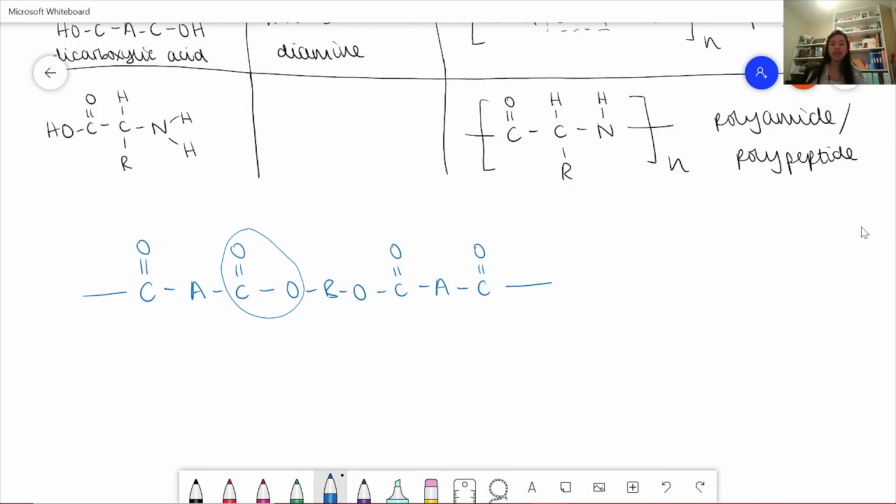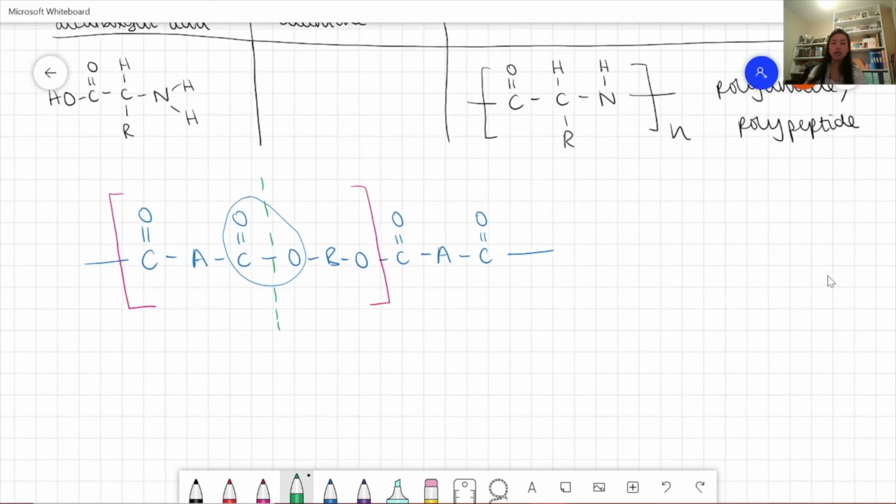So if we had an ester that looked like this, the first thing to do is to start with the repeating unit. So the repeating unit is from here all the way to here, because after that it just continues to repeat. And then what we do is we break the linkage. So this is a polyester, so we break it at the CO bond. So we break it here. And then we add back the components of water.